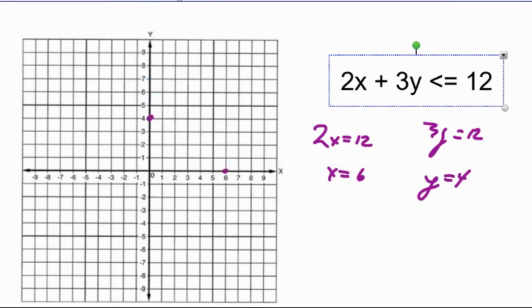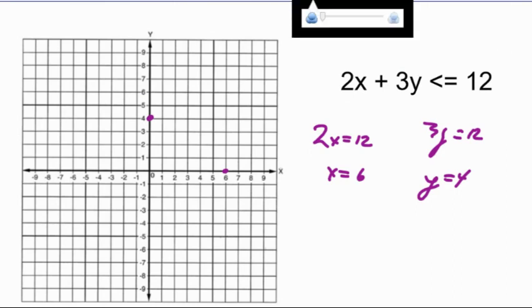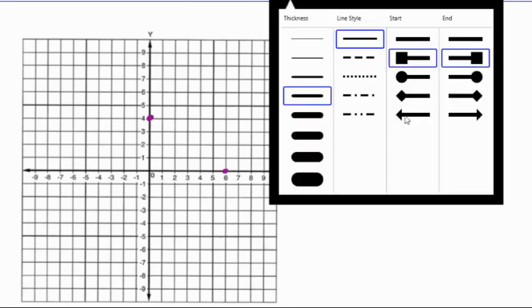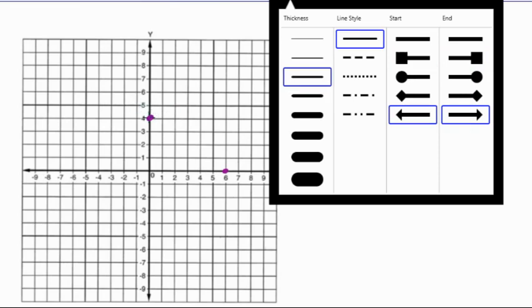Let's draw my line. I have a less than or equal to, so that's a solid line. I wish it would save this for me each time. There's probably a way.